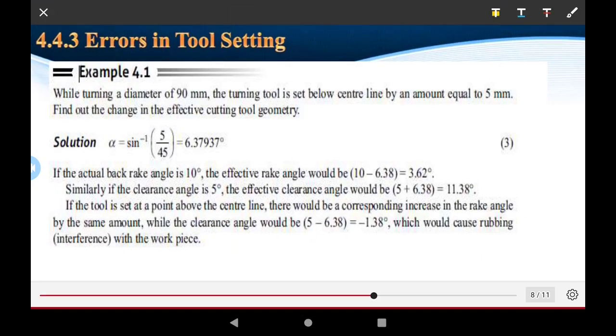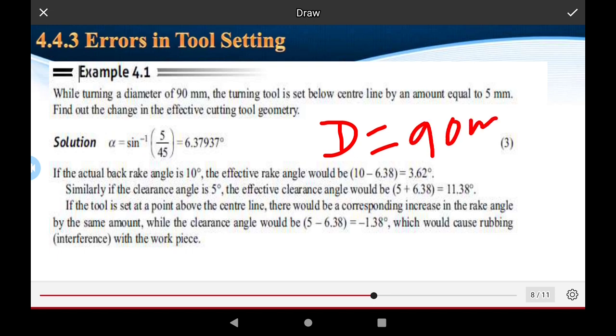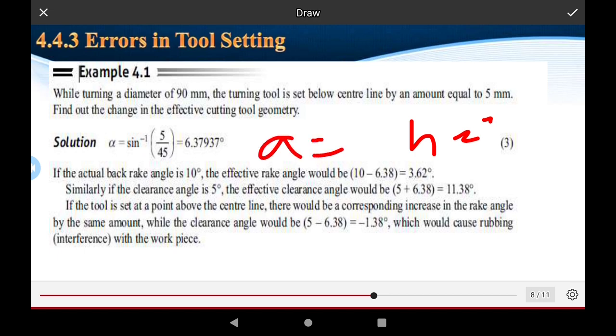Given the diameter D equals 90 mm, r equals 45 mm, and h is 5 mm. Putting the values in the formula, alpha equals sin inverse of 5 upon 45.